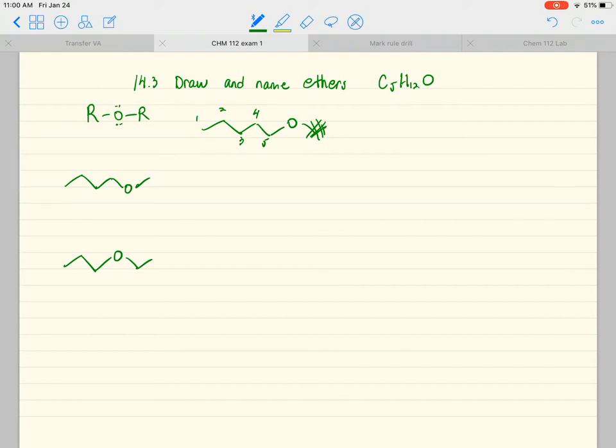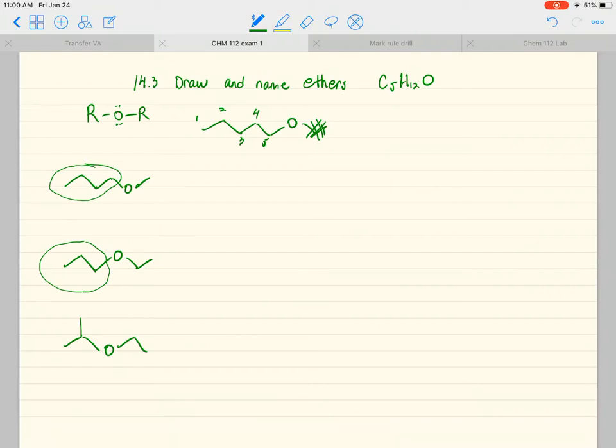So now you can think about branching. Okay, branching. So 3 carbons can exist as an isopropyl group. Okay. Let's consider branching of this guy here.